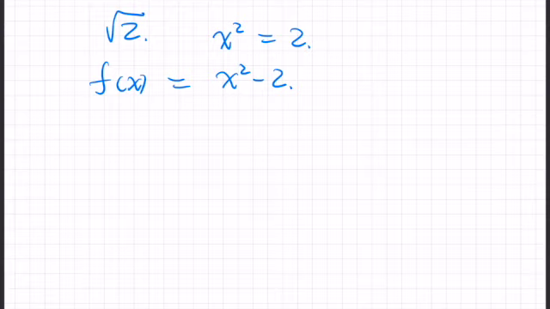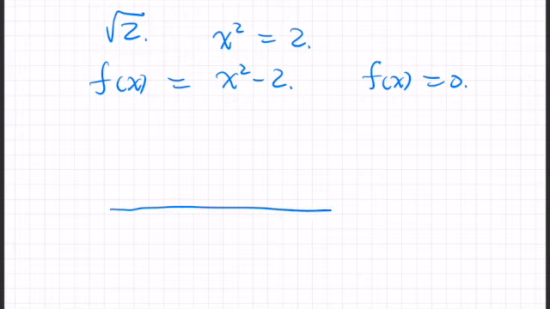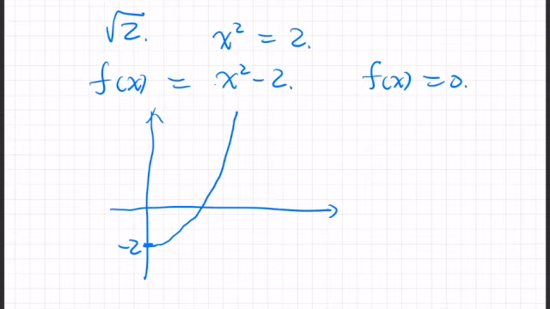So the square root of 2 is the solution of f of x equal to 0. If you draw the graph of this function, when x is equal to 0, its value is negative 2. And if you take a sufficiently large value of x, then it is positive.